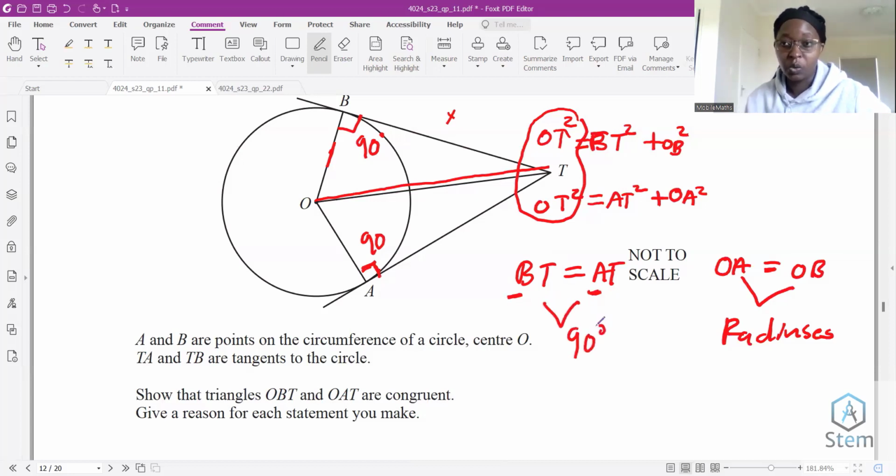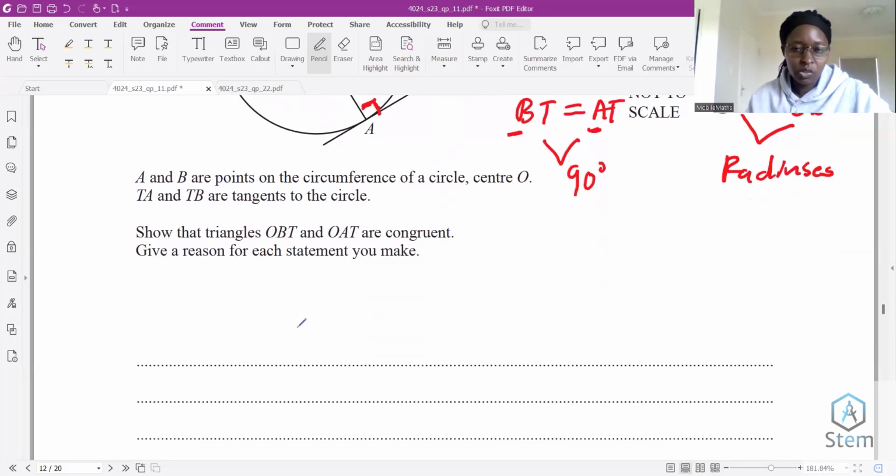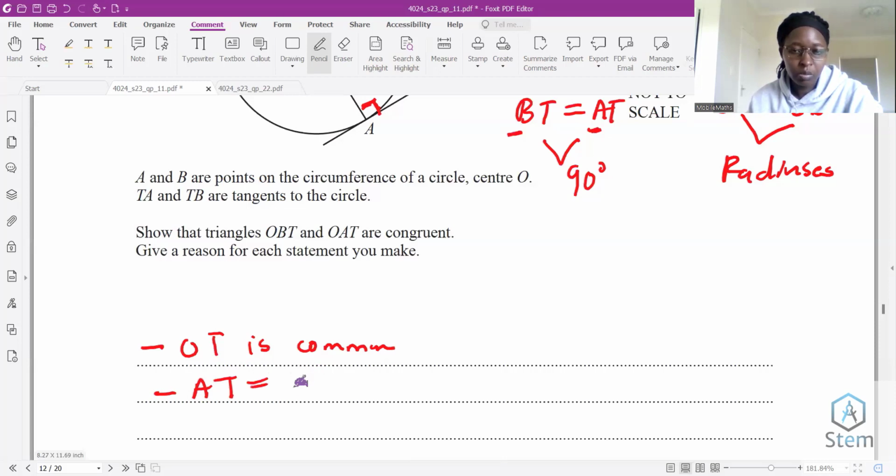Okay, so you can as well just say that. Or else if you want, you can say OT is common for both triangles. Then we can also say AT is equal to BT. They are equal.